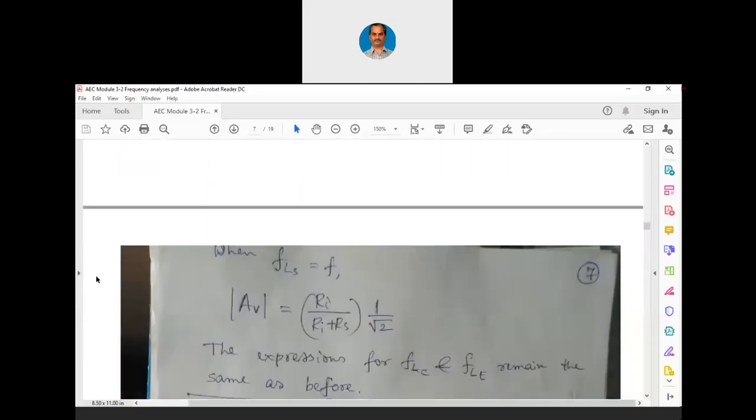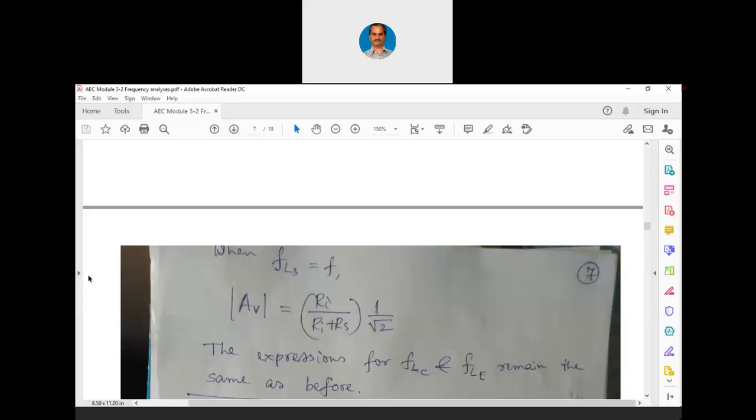So when FLS equals F, mod of AV is Ri by Ri plus Rs into 1 over root 2. So finally we can come to a conclusion: the voltage gain will be affected by a term Ri by Ri plus Rs. All other things will remain the same as before. The expressions for FLC and FLE remain the same as before. Why?